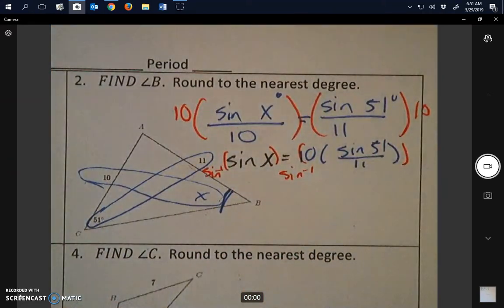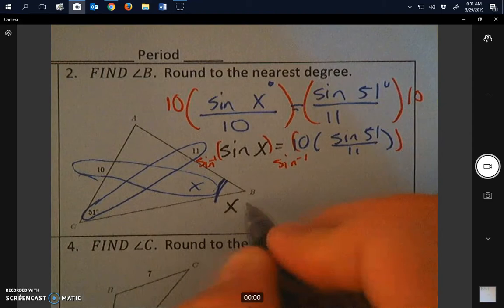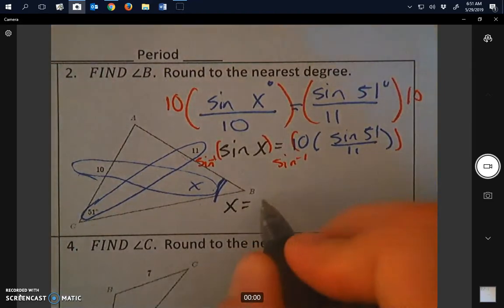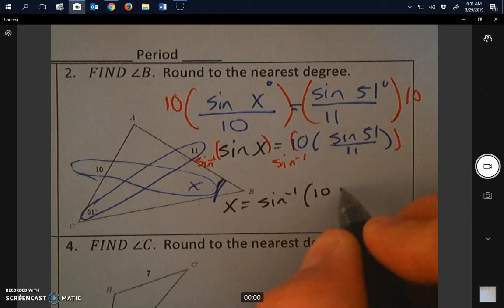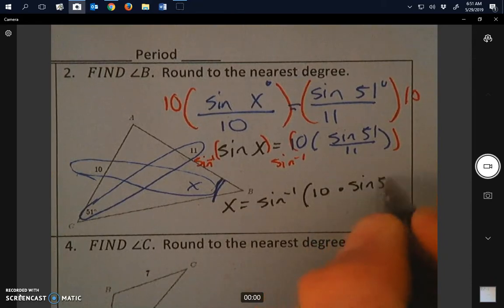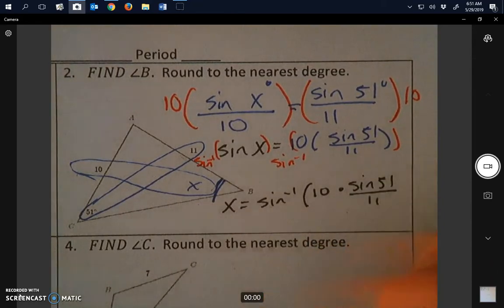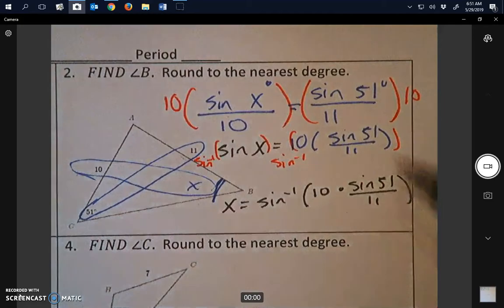Like so. And I'm going to write it down here. We have x is equal to inverse sine of 10 times sine of 51 all over 11. Like so. And we could add parentheses in here if we want to as well, but we don't really have to. It's all multiplication or division and multiplication.